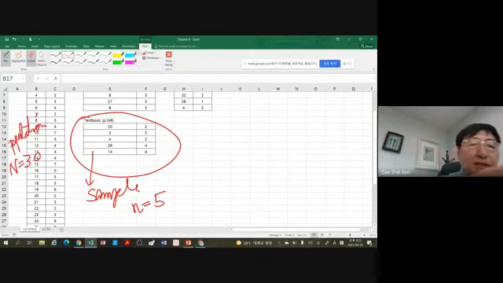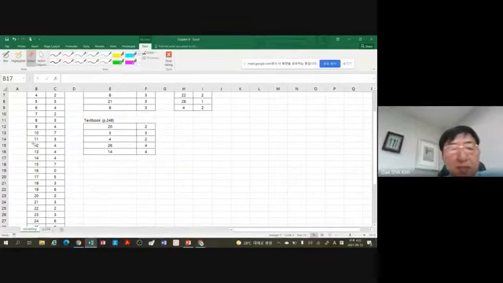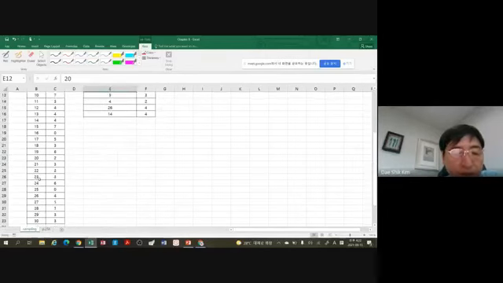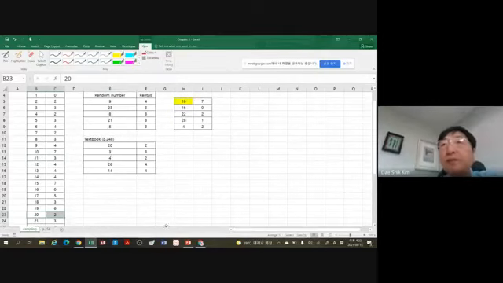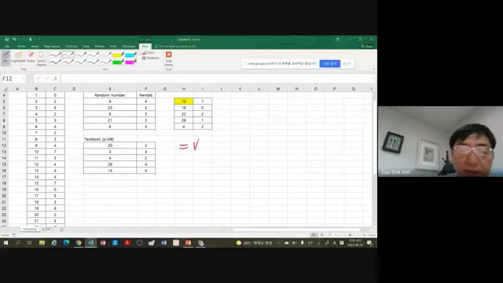But if you want to calculate using this one, when 20 is, you can look at that, this one is 2. But when you use Excel, you don't need to do it. It is a VLOOKUP. Function name is VLOOKUP.